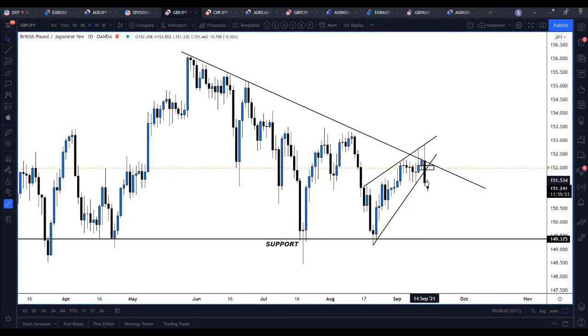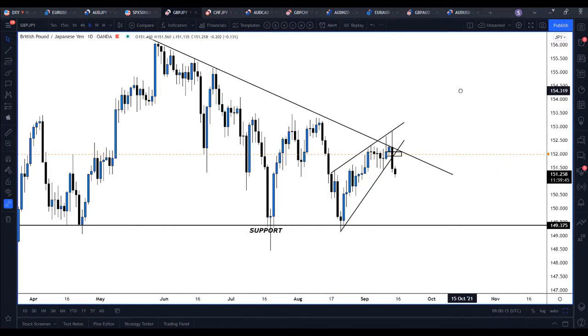We've had a bearish engulfing candle here on yesterday's daily, which gives us the indication, if you like, that we should expect further downside. So not only did it close outside of the rising wedge, it's a bearish engulfing candle. I'm not too sure whether I said bullish engulfing candle, but it's certainly a bearish engulfing candle. So we would expect further downside on this.